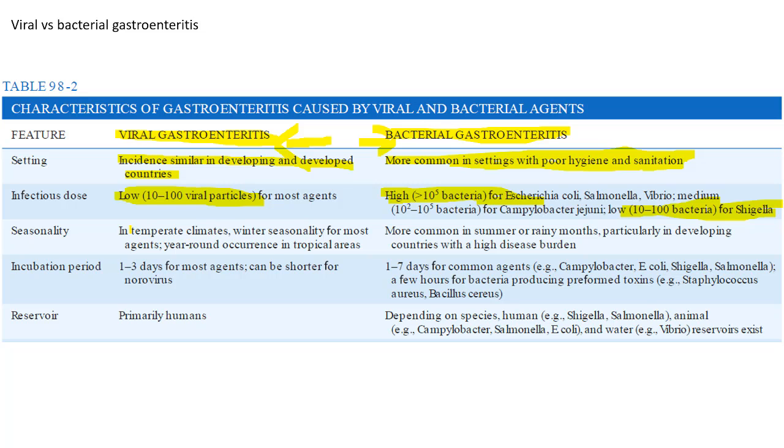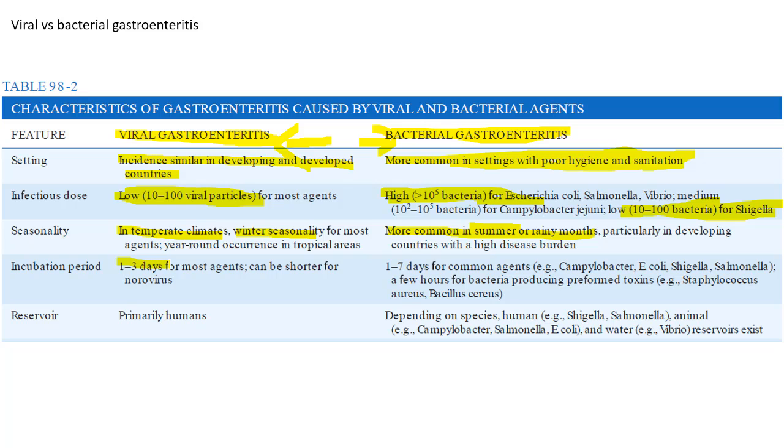As for seasonality, in the case of rotavirus especially, in temperate climates we have winter seasonality, while bacterial gastroenteritis is more common in summer and rainy months. Maybe the temperature is suitable for the growth of bacteria on certain foods and so on. The incubation period differs.